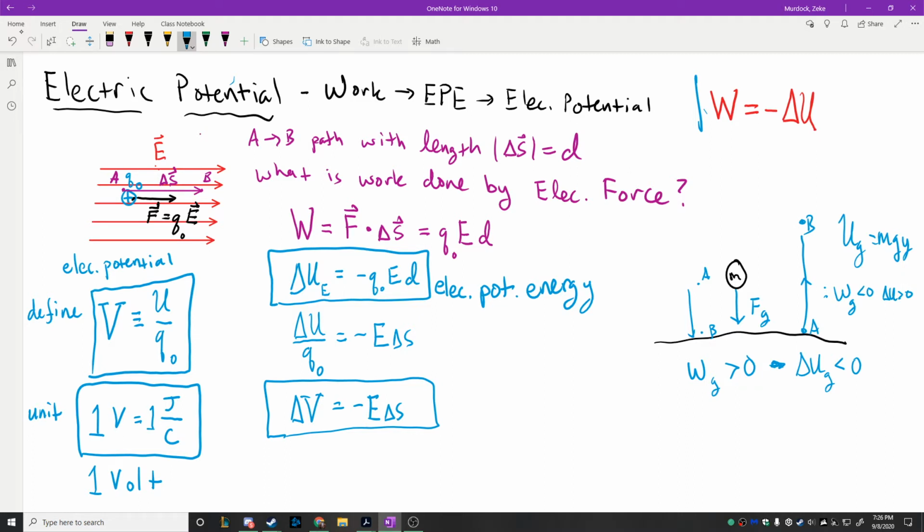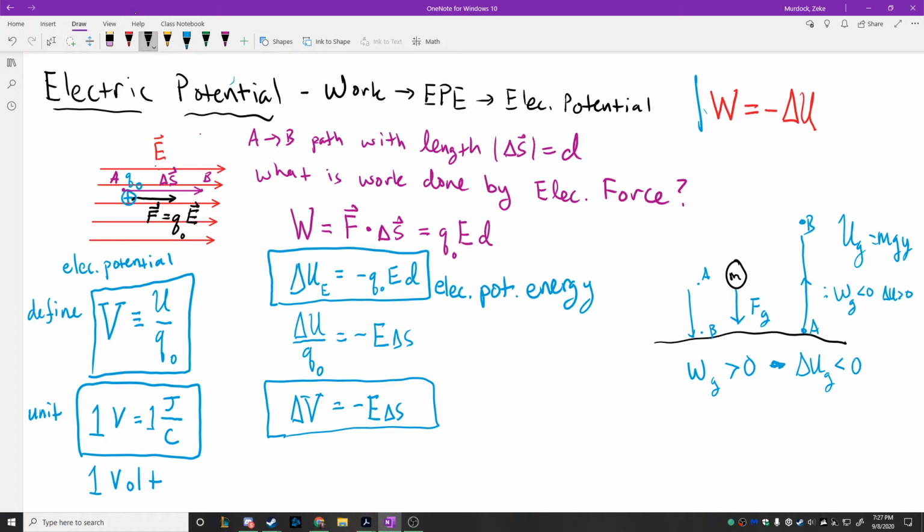We're going to do some problems and look at some scenarios, but that's basically it. It's the amount of joules per coulomb that you have in a region of space. So in a region of space, you may have 10 joules per coulomb, or 10 volts. And in another region of space, you may have 0 volts, okay?